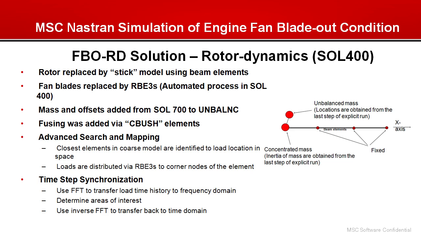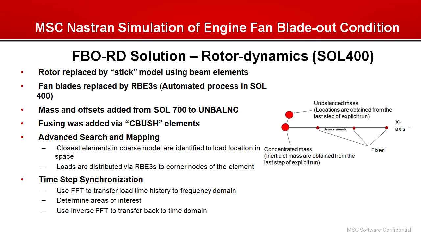Then the fan blades also are replaced by a bunch of RBE3s. In Nastran, we have multiple point constraints, and RBE3 is a special version of the generalized MPCs, and it represents rigid spokes. So the fan blades are automatically replaced by these RBE3s.